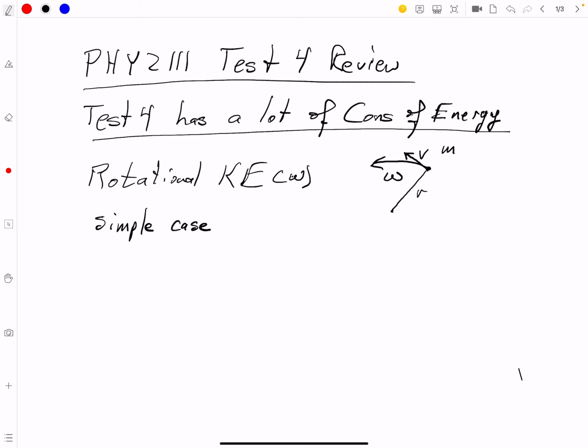Okay, so linearly, we know K as a function of v is equal to 1/2 mv squared. That's linear or translational.